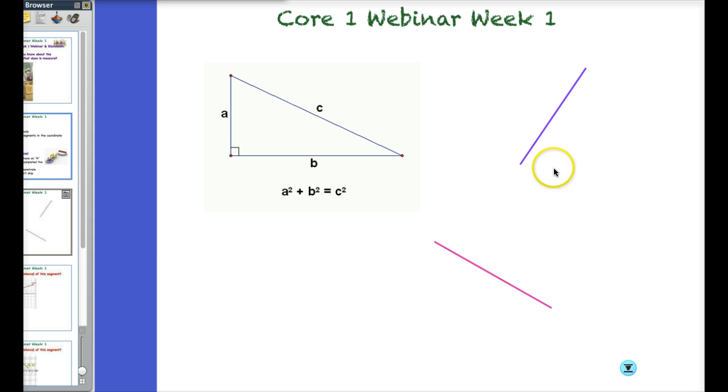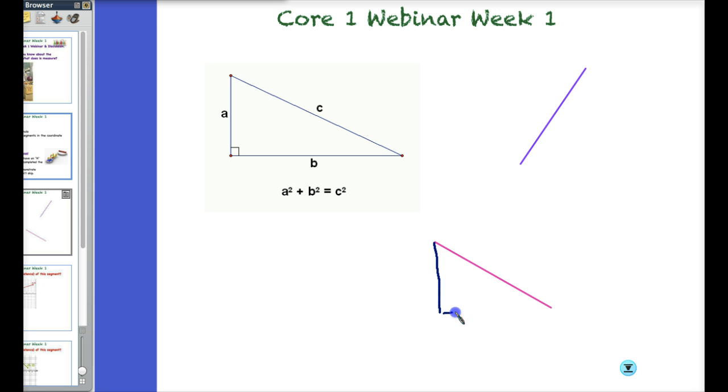So what I've done here, because this goes along with what you're learning this week, is I've drawn 2 lines. And if you picture that, these lines are eventually going to be in a coordinate plane. But if they're in the coordinate plane, it's going to be difficult to find their length. So just know that anytime you have two lines, you can always make a right triangle.